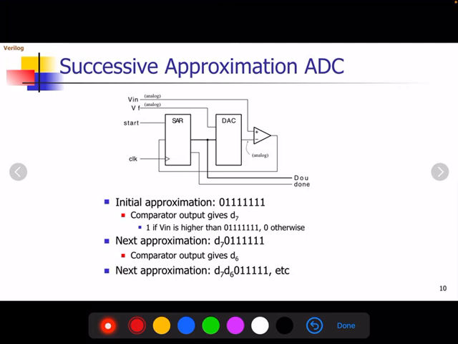There are many types of ADCs. Successive approximation is one such type, where low cost, medium to high resolution applications will be satisfied by this ADC. Usually the resolution for successive approximation ADCs is around 8 to 18 bits.